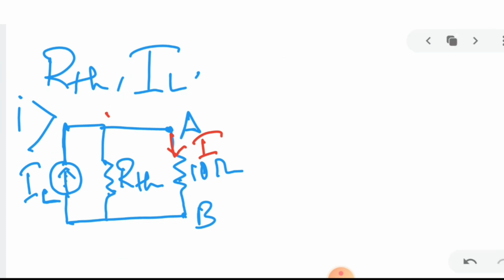We are assuming the Norton's current in this direction, so we get, I think, a positive value. So in the current source, sorry, it is IN, the current source is in this direction. I think you can understand it.